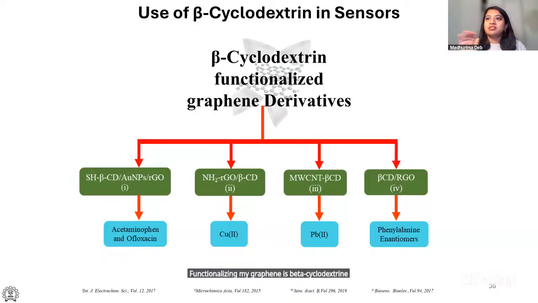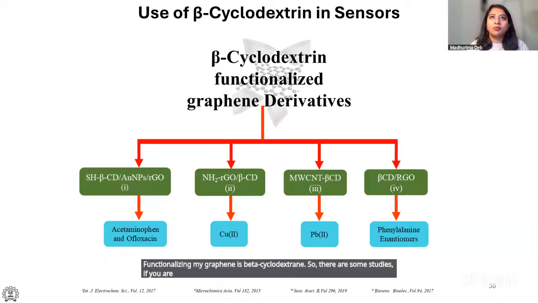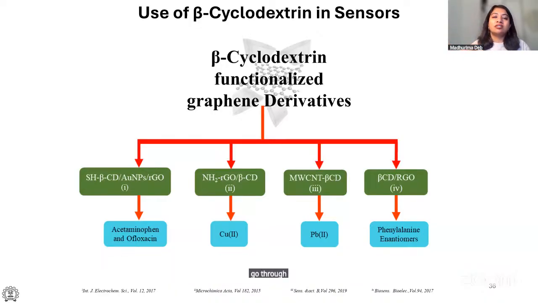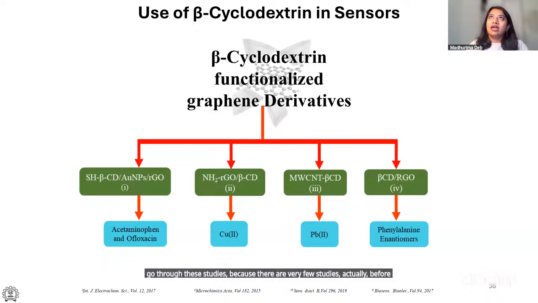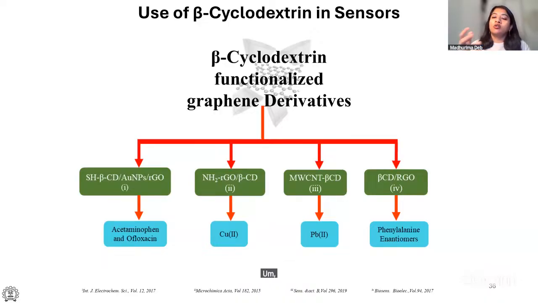So here comes the next material that I used for functionalizing my graphene, which is beta cyclodextrin. So there are some studies. If you are interested, I would recommend you go through these studies, because there are very few studies actually before 2018 or something that used beta cyclodextrin for this kind of electrochemical sensing of heavy metals.